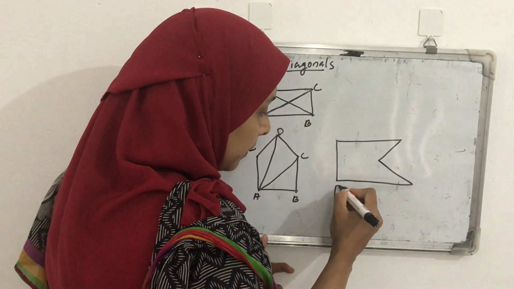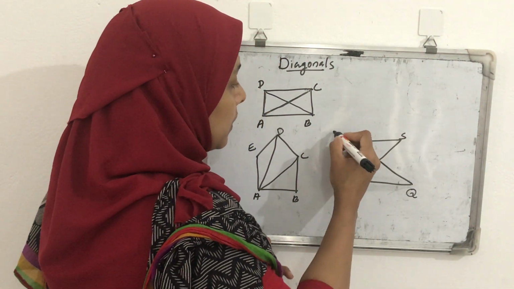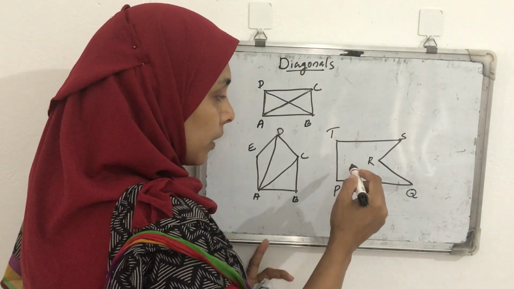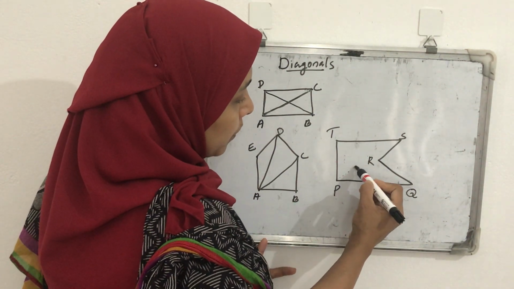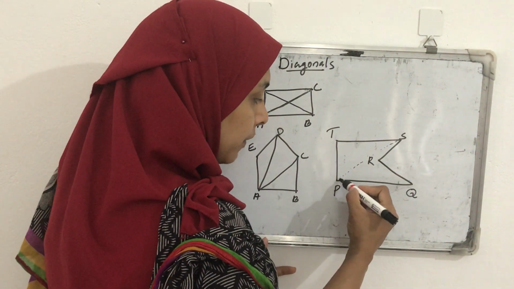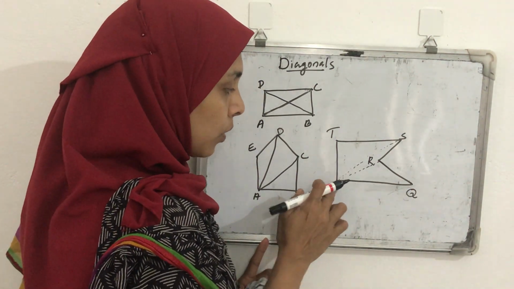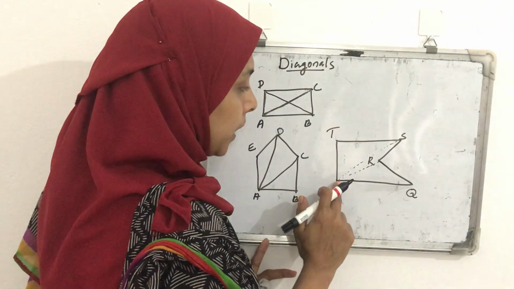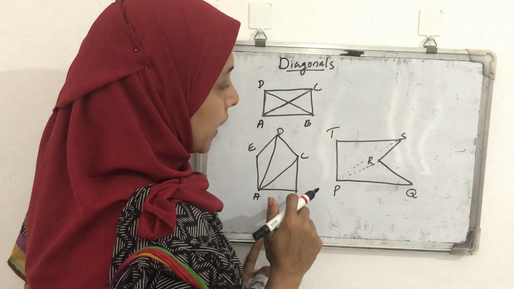Let it be named P, Q, R, S, T. Now, if you draw one diagonal, we can draw one diagonal from P to S. Another diagonal we can draw from P to R also, and this is also a line segment drawn from one vertex to another non-consecutive vertex. So PR is one diagonal, and PS is another diagonal.